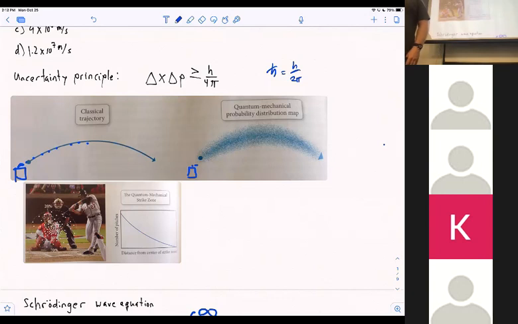H bar is Planck's constant divided by 2 pi. So this can be described as delta X delta P is greater than or equal to H bar over 2, for instance. So what does H bar mean? It means H over 2 pi. That's it. Just another constant, or a combination of constants, H and pi.